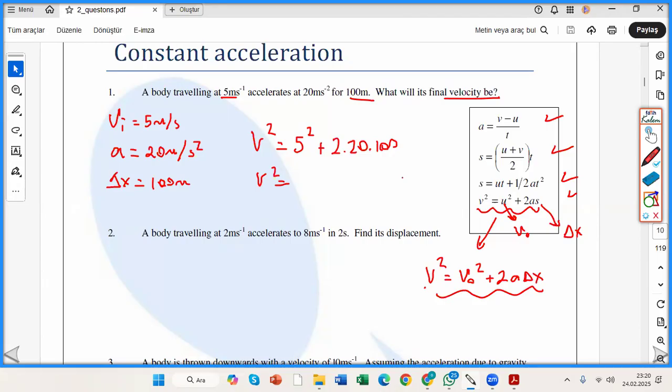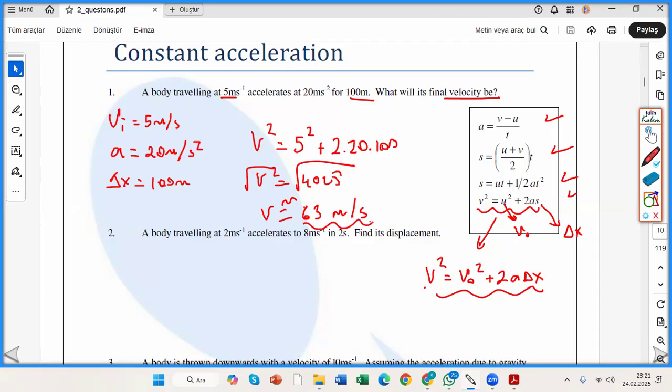Okay, just a second. 25 plus 40 times 100. Okay. Yes, it is that. So after calculation, as you can see, yes, nearly it is 33 meters per second, as you can realize.